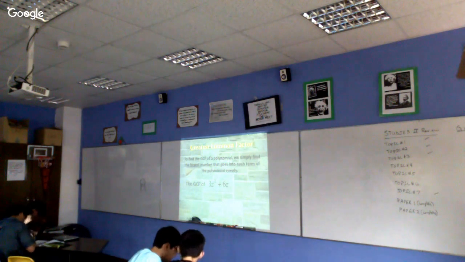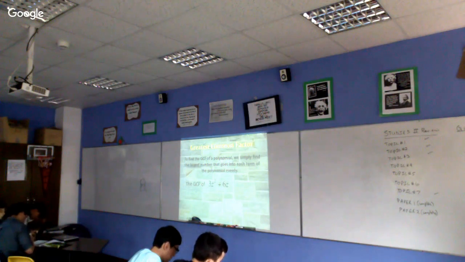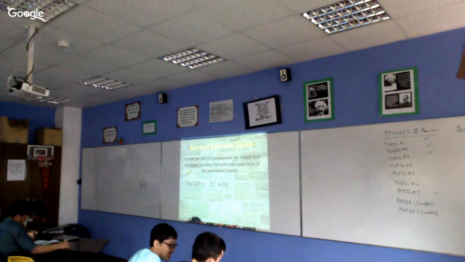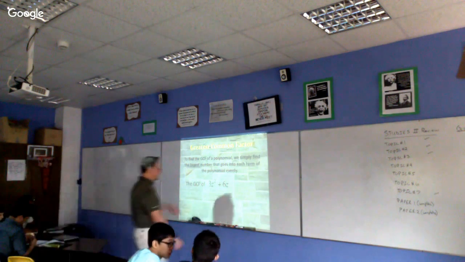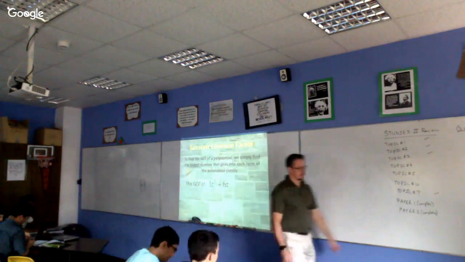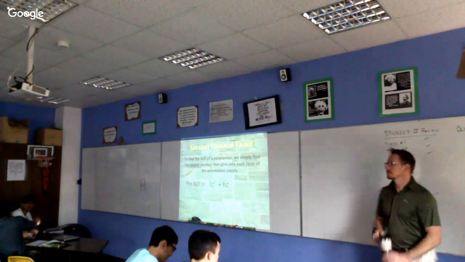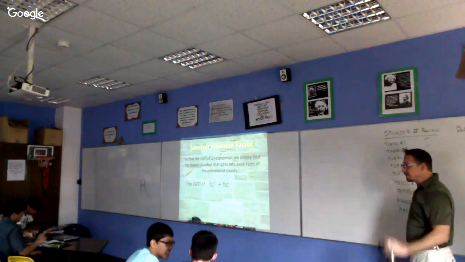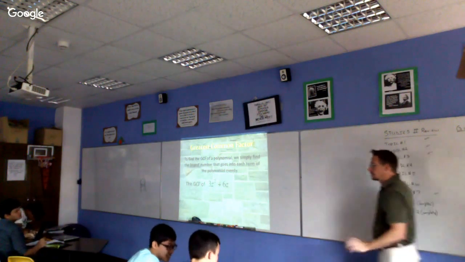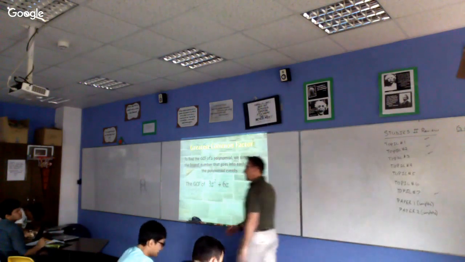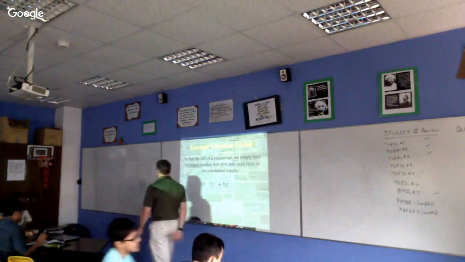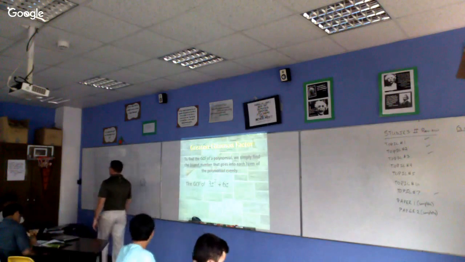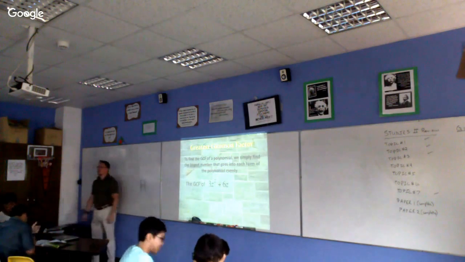What is the number called that sits in front of a variable? It starts with a C, and it's not constant. Constant does not have a variable. See how valuable vocabulary is in mathematics. Coefficient.